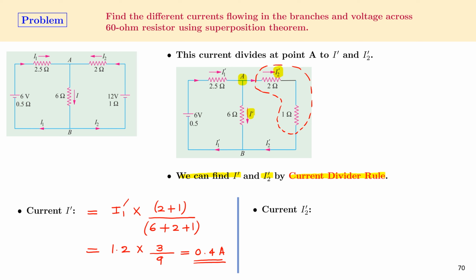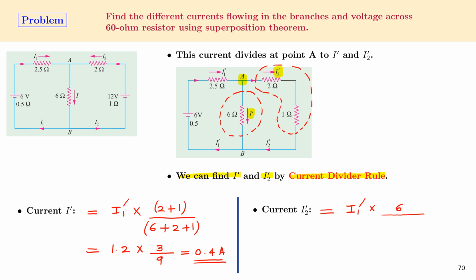Now the current I2 prime is given by the total current, that is I1 prime, multiplied by the resistance in the other branch. So the resistance in the other branch is 6 ohms, divided by the total resistance in the loop.